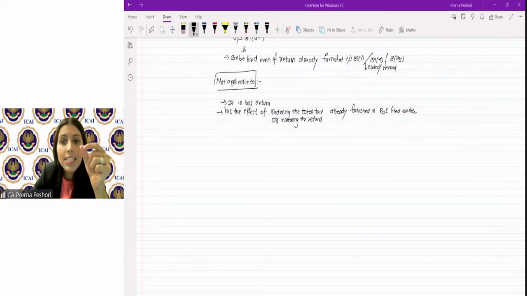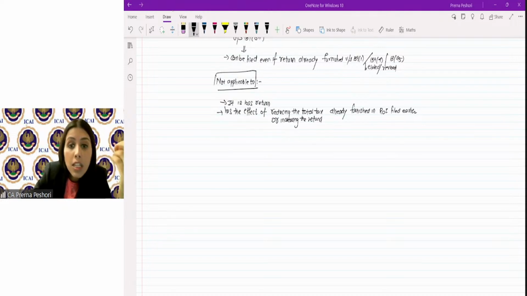So in these cases, the updated return cannot be furnished for the particular year in which the search is initiated or survey is conducted, or where a notice is issued to the assessee saying that any money, bullion, jewelry belongs to this person, or any books of accounts relate to this person.